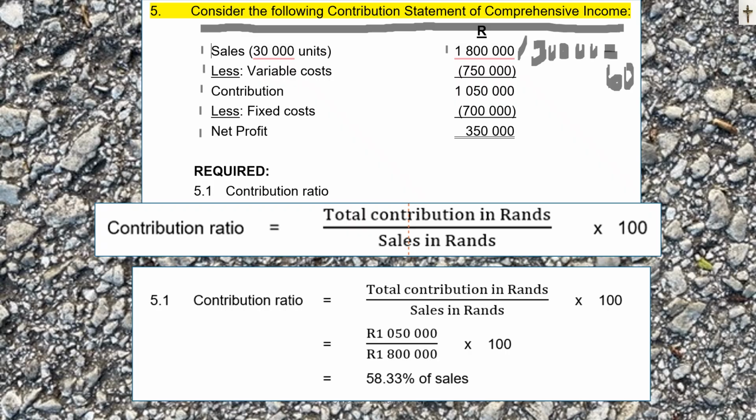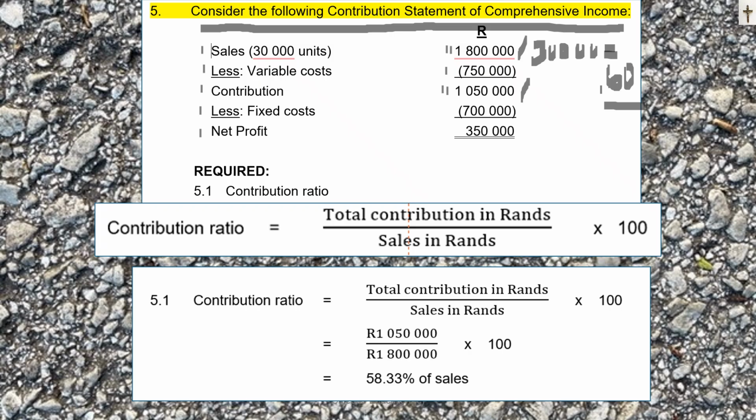Right, just so while I'm thinking about that, the selling price per unit to get to 1.8 million rand in income is 60 rand. There are variable costs and there's the contribution. Also, while I'm thinking about it, what is the contribution per unit?